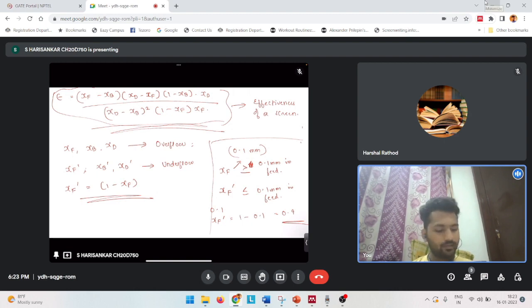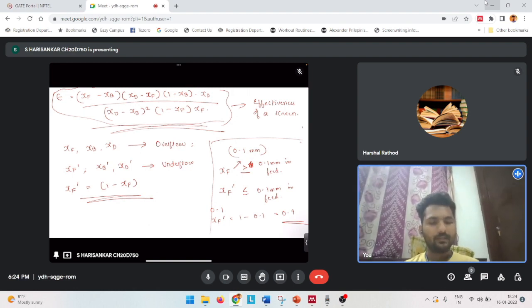You can define this based on xf dash as well, and you can have the same equation for effectiveness. Just replace xf with xf dash, xb with xb dash, and xd with xd dash.